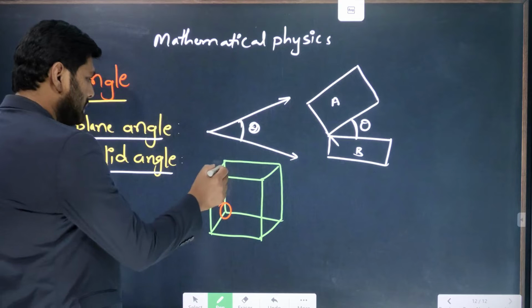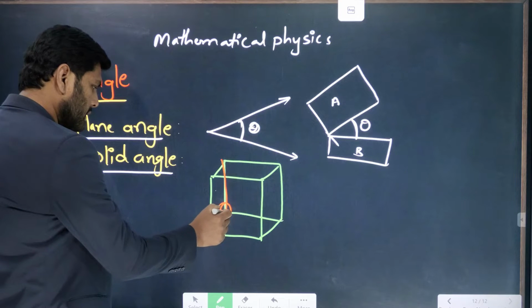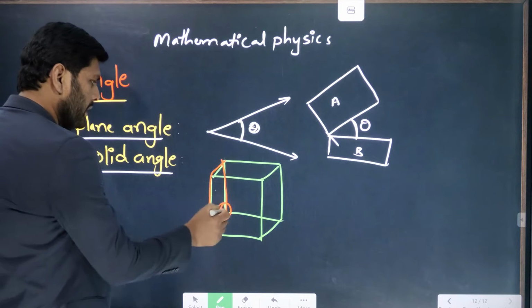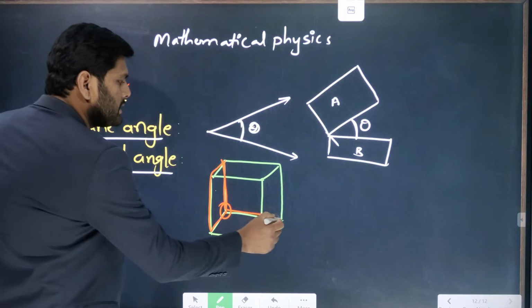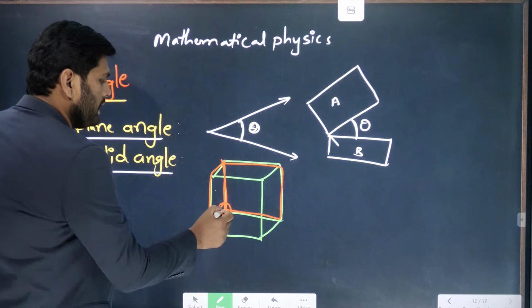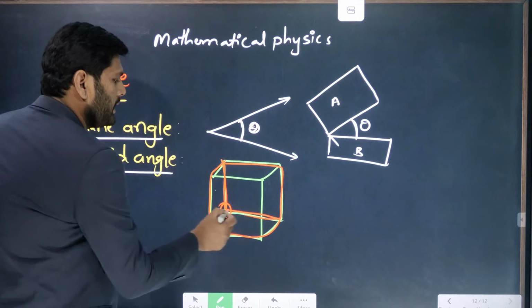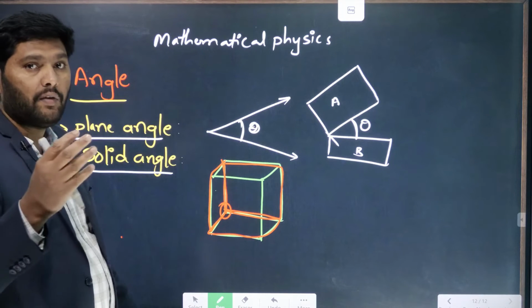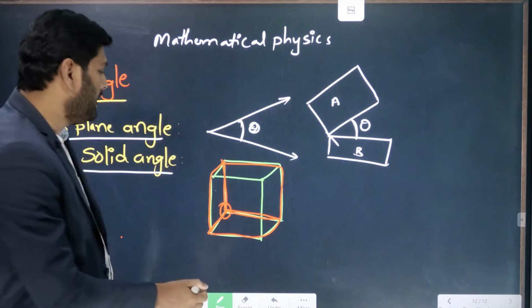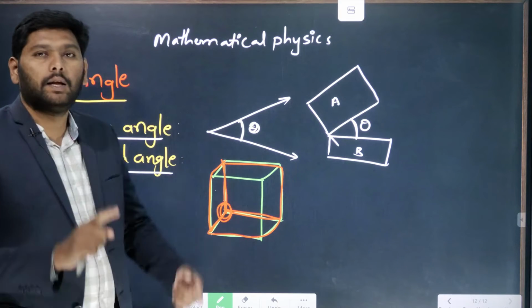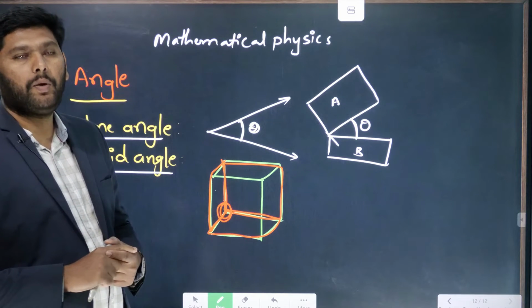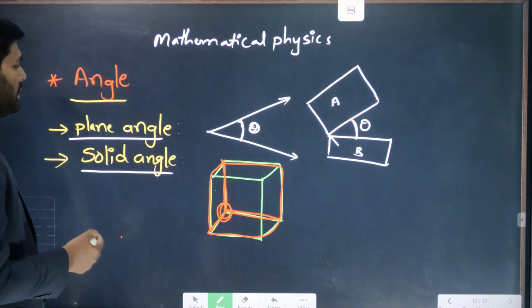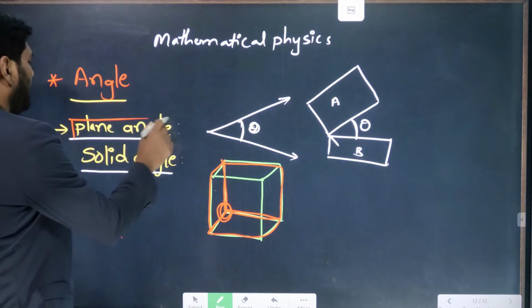This is one surface, this is another surface, and this is another surface. The combined angle of the three surfaces we consider as solid angle. Got my point?